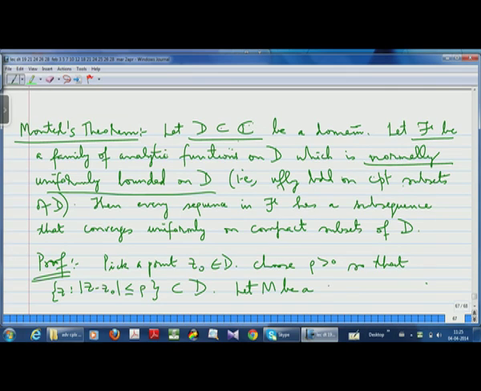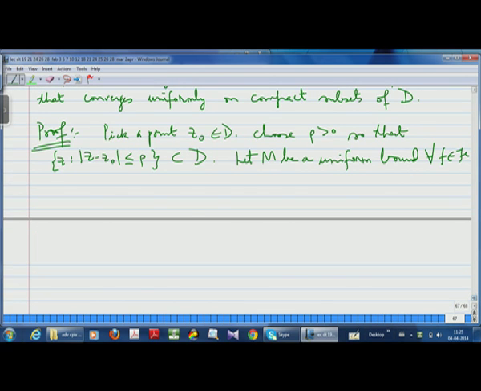So let M be a uniform bound for all f belonging to script F inside mod z minus z naught less than or equal to rho.